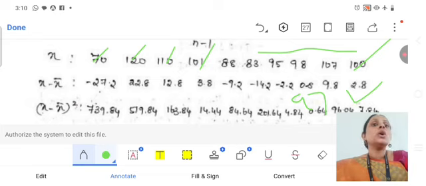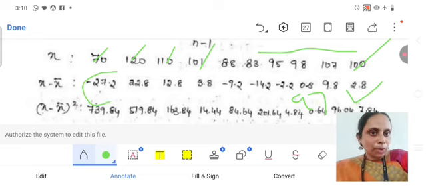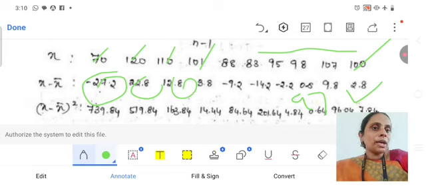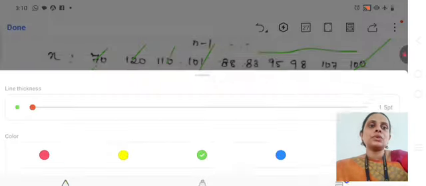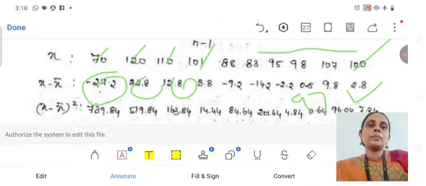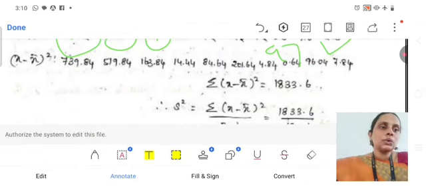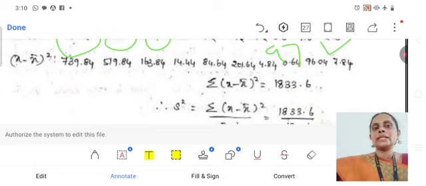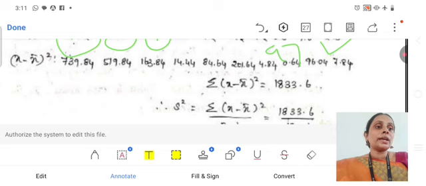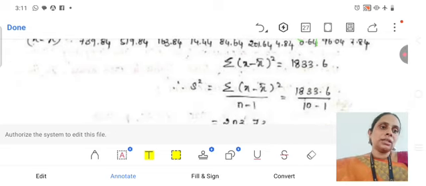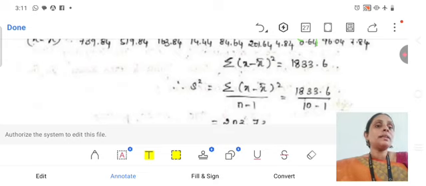Then we find the summation, which is 1833.6. Then we find the s square value using summation of x minus x bar the whole square divided by n minus 1. You know all the values.